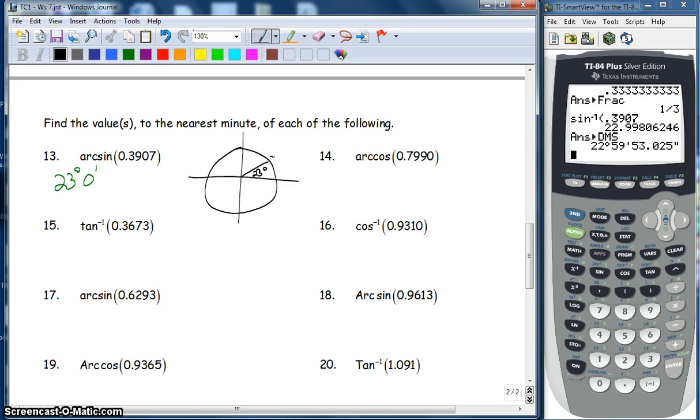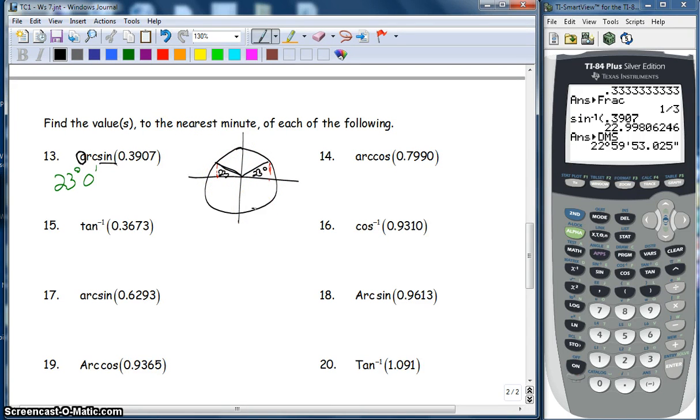Okay, where is the other place that sine is positive? Because we're dealing with sine. And again, we're doing all these because we have a little arc sine. For sine, sine is your y, so we need a positive height just like this one, and that would be somewhere over here, where our reference is the same angle of 23 degrees.